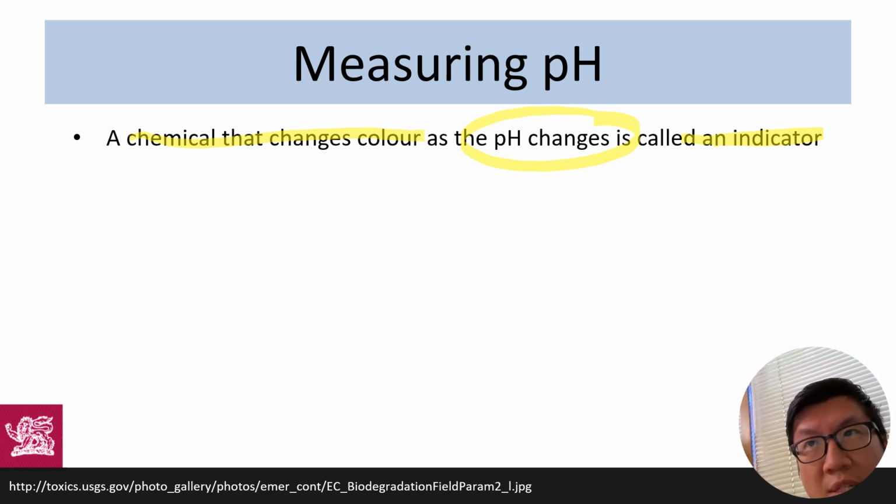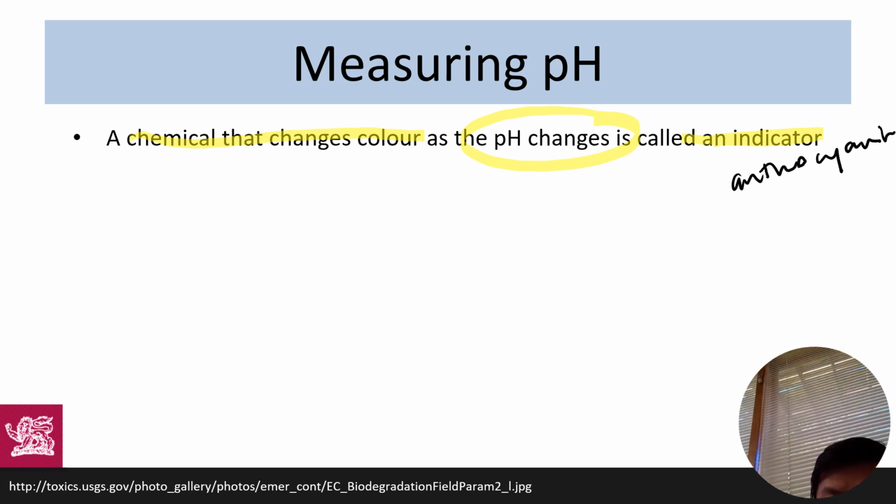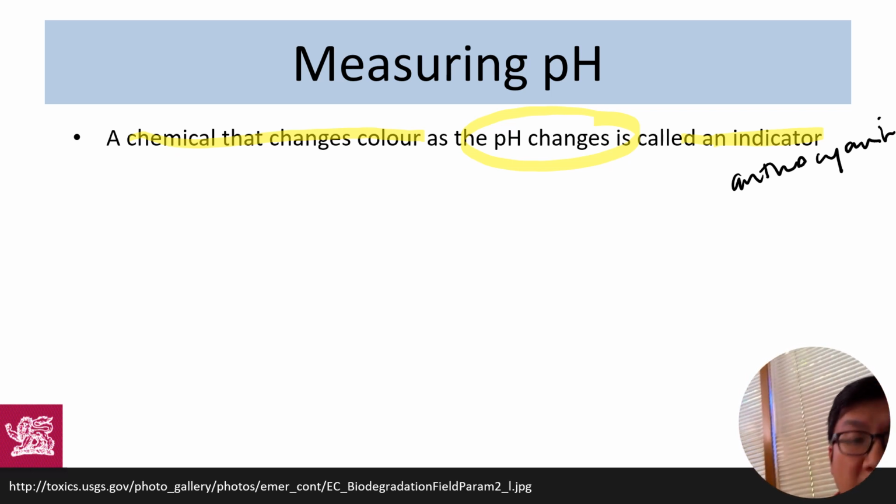You would have extracted a chemical which makes red cabbage that color, and which is called anthocyanin. So that's the name of the indicator found in red cabbage.